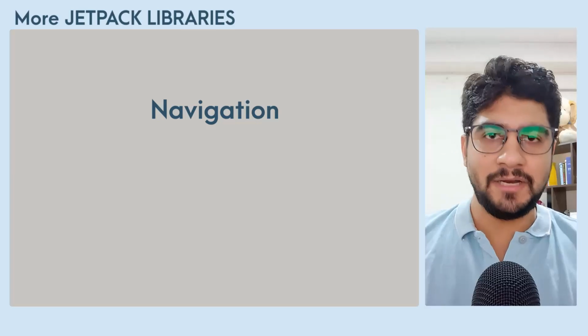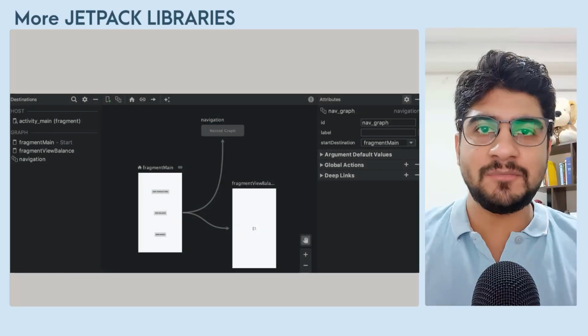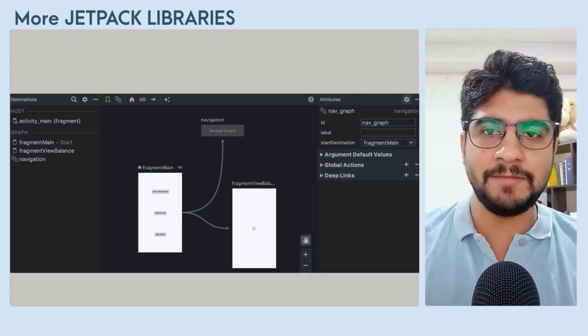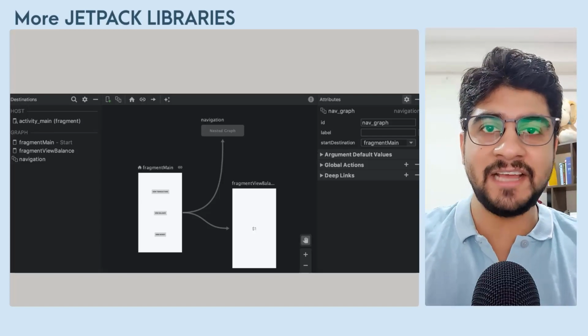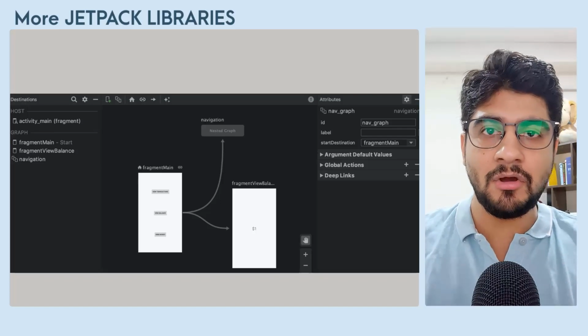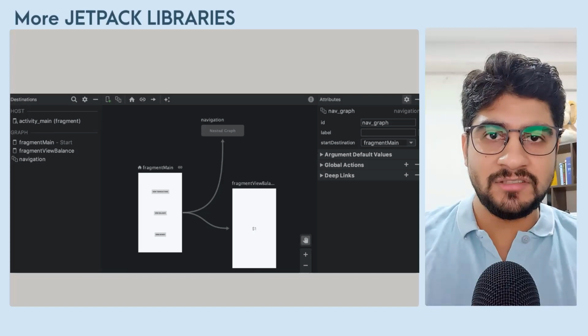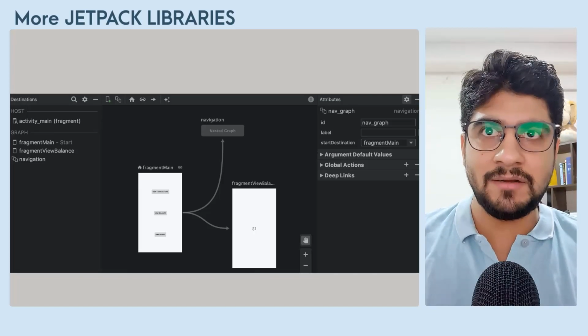With the navigation library, you get a graph that depicts the entry and exit points of a screen. It also tells you about the entry and exit animations that it is going to perform when it is entering or exiting a screen, and what type of data it will show on the screen. You can use sample data for that.